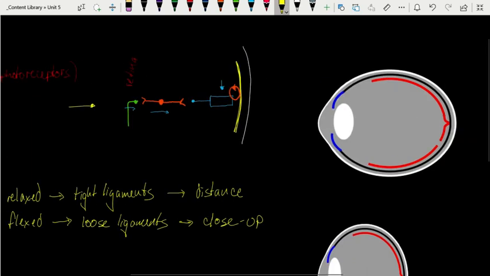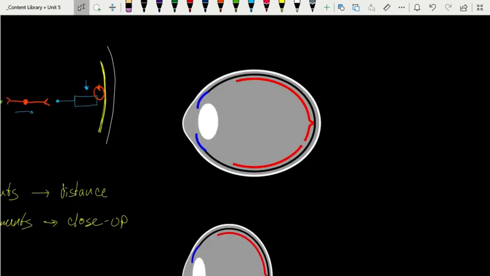So let's come over here and look at this scenario where the eye is a little bit long, and we see the same kind of thing where the light's going to come in and ends up focusing before the retina. This is what we call myopia, or being nearsighted.